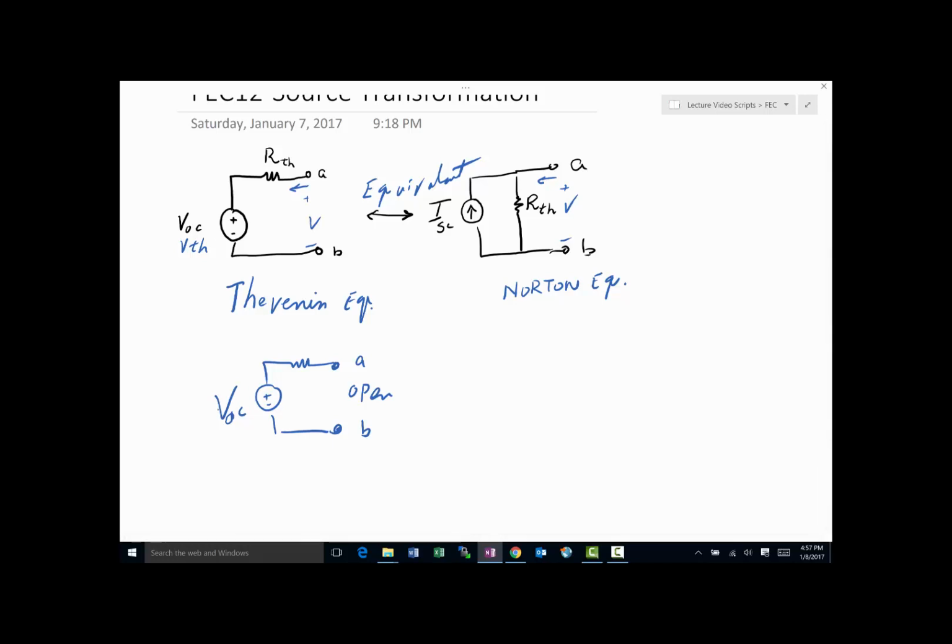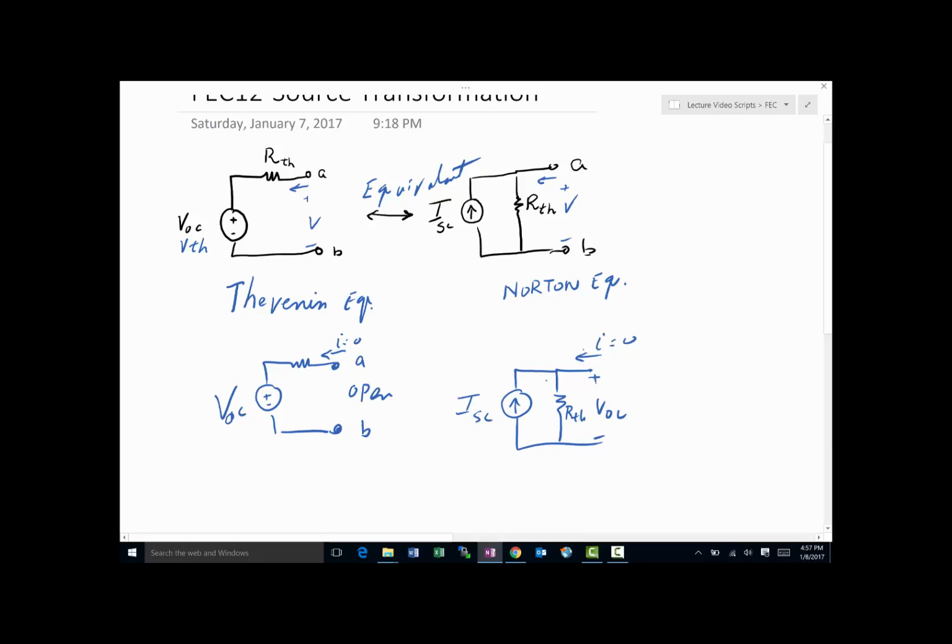Now, in order for me to get the same V open circuit here, if I is equal to 0, when this is open, I is going to be 0, I should be getting a V open circuit here. Now the question is, what has to be true for me to get a V open circuit? Well, we know Ohm's law.